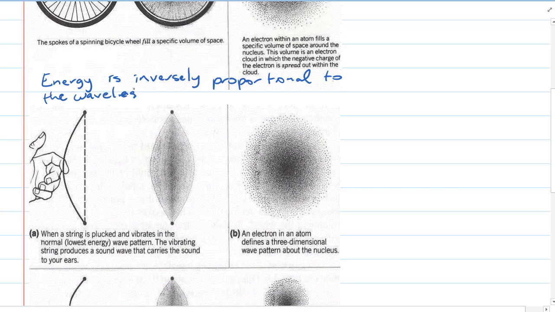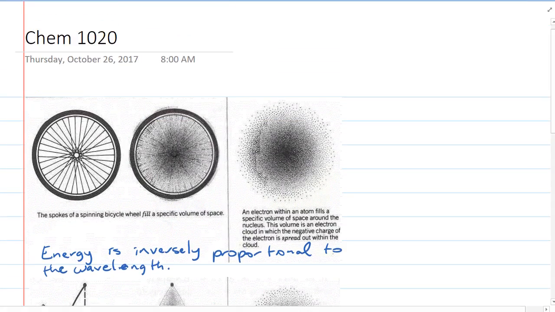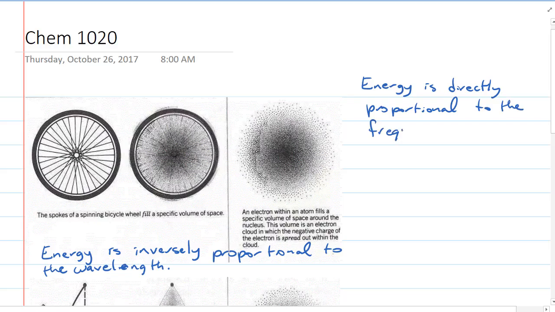And we can also say that the energy is directly proportional to the frequency. Which means that if this vibrates at a greater rate, it's able to produce more energy.